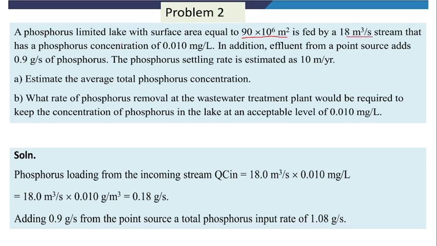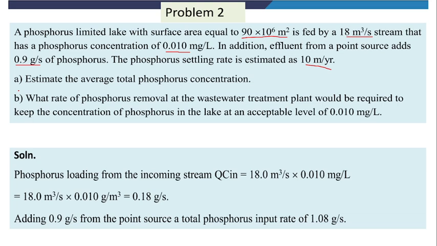That has the phosphorus concentration of 0.010 mg per liter. And in addition, effluent from a point source adds 0.9 gram per second of phosphorus. So the phosphorus being added from the point source of pollution is given. The phosphorus settling rate is given as 10 meter per year. So the question is to calculate the average total phosphorus concentration.